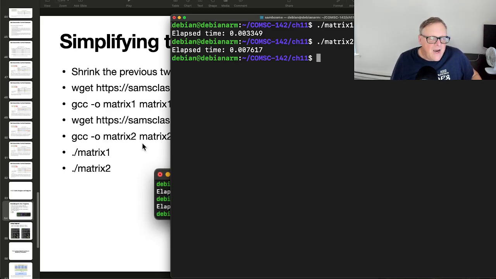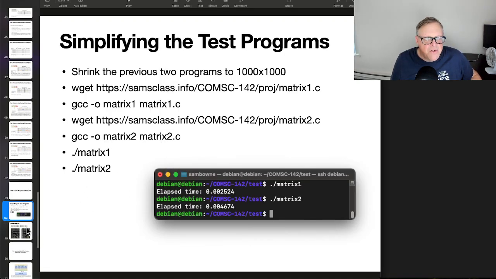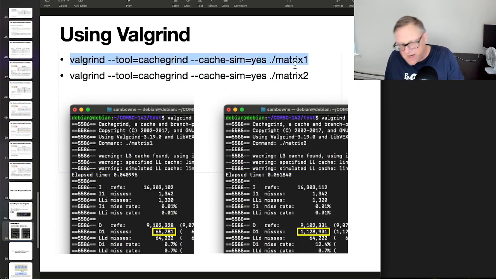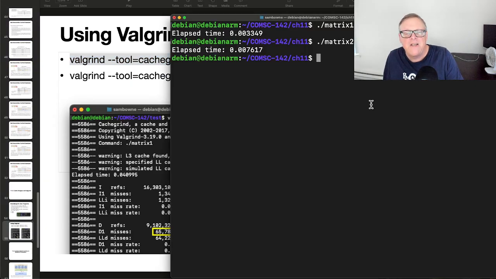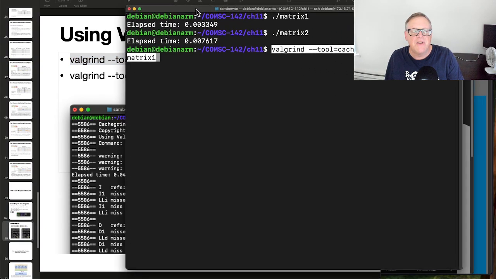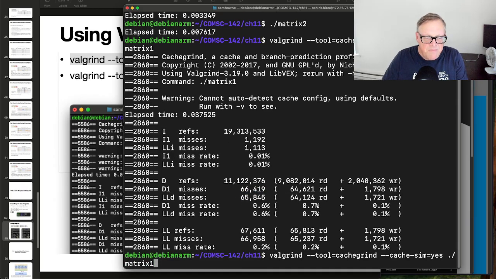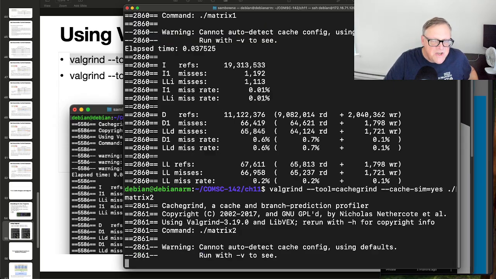All right. And now I just made them smaller so valgrind can dig through it. Here's what valgrind does. This is going to run the program and analyze how many cache misses and cache hits there are. So here's one of it running, cachegrind. And so you notice here I have misses 66,000. But if I run the other one, matrix 2, and that was L1 misses, 66,000.